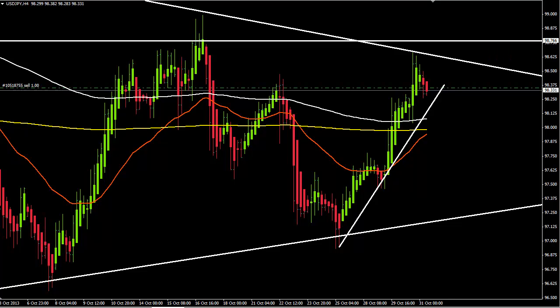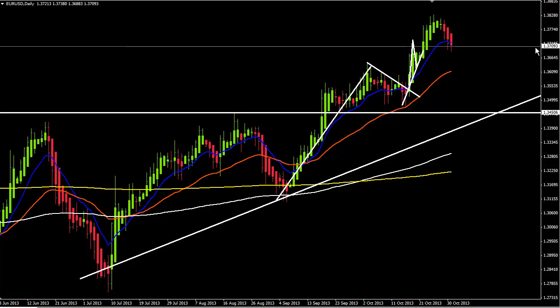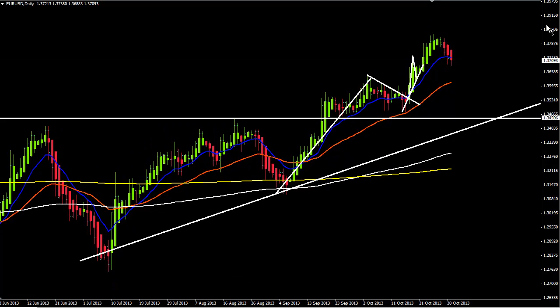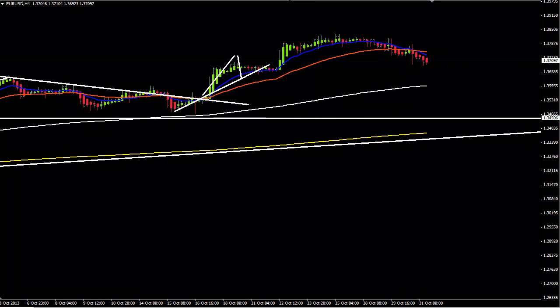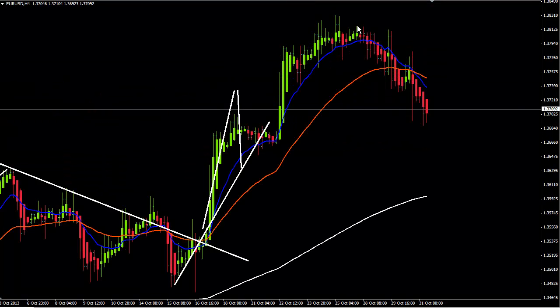Okay, the euro US dollar. As we said, yesterday it was retracing, but it didn't really go anywhere. So yeah, it's still there. It looks like it wants to retrace a little bit more. Let me see on the 4-hourly chart how it looks. We get the lower highs, the lower lows.